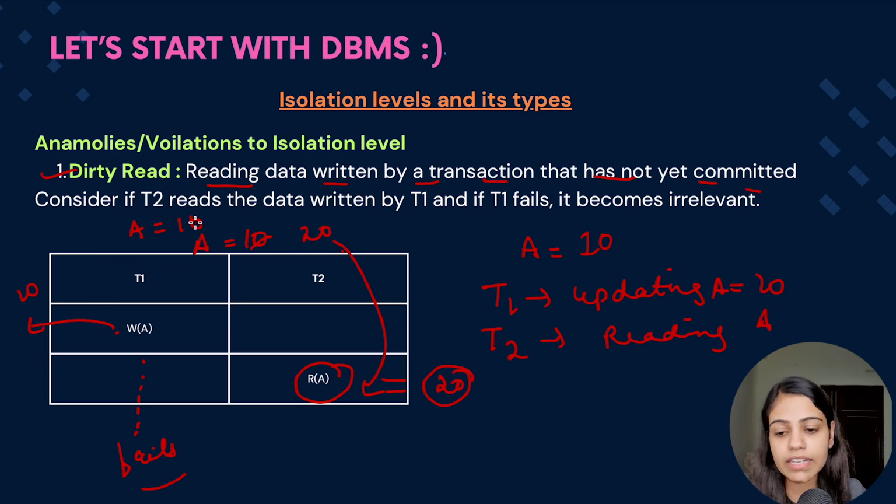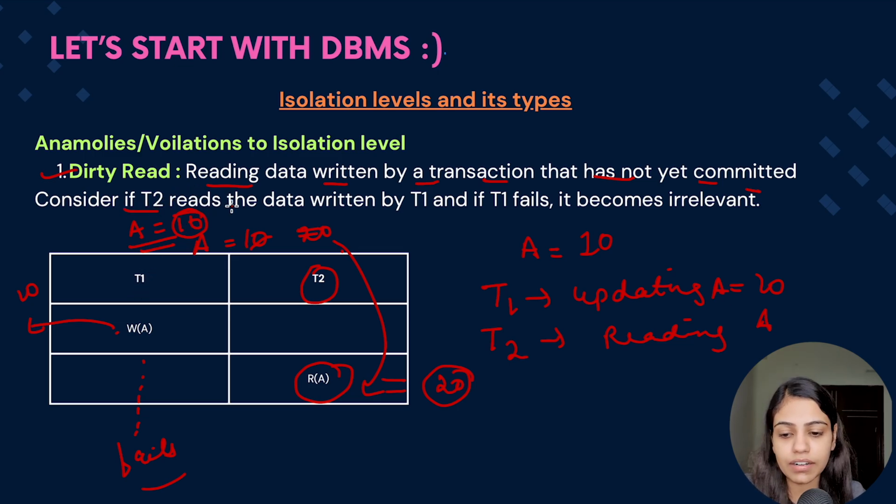Now the value of A is 10, but as part of T2 we have read the value of A as 20, while the actual value of A is 10 because the transaction at some point failed. So you can see that the read operation we performed is irrelevant, because in our database the value of A is 10.